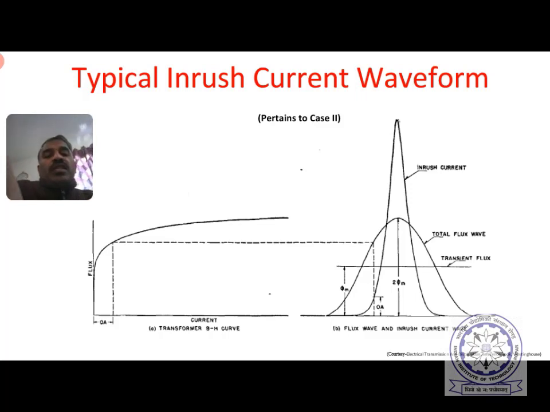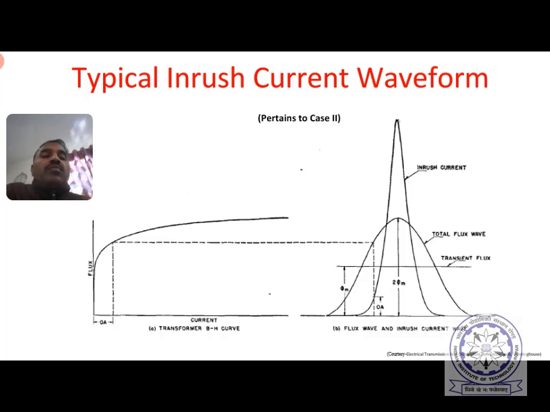Some flux will be leaking through the air, because after core saturation you cannot increase the flux inside the transformer core anymore. So the additional flux has to be met from leakage paths through the air. That portion we are, for the time being, neglecting, assuming that the entire flux has to flow through the transformer core only.